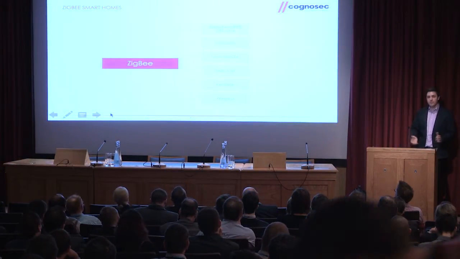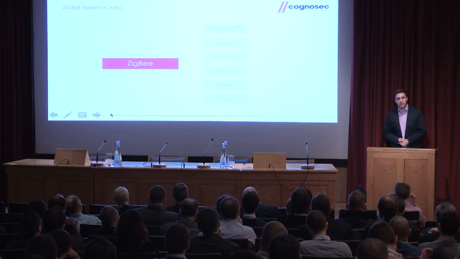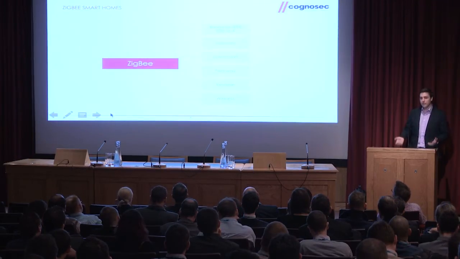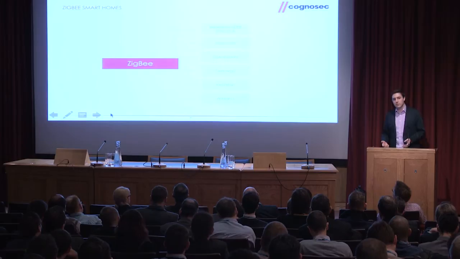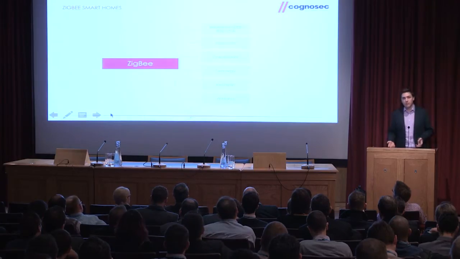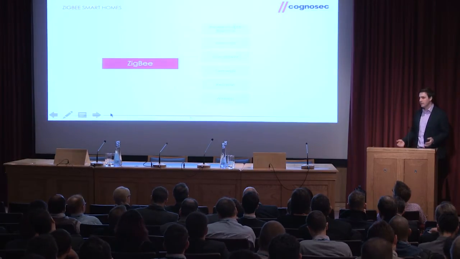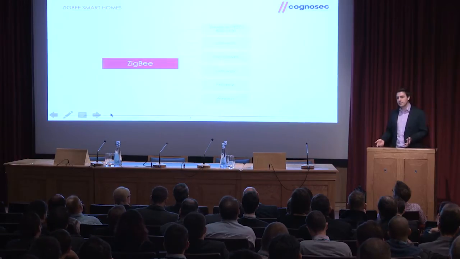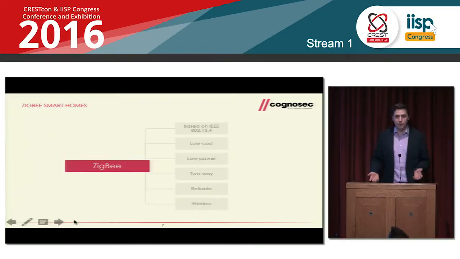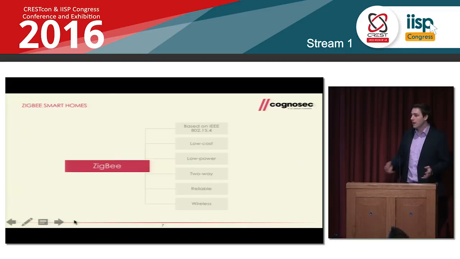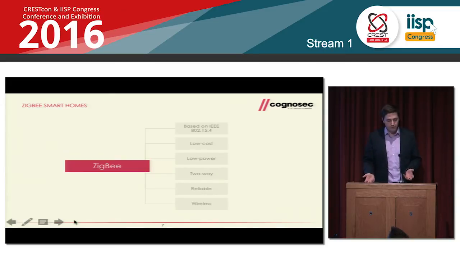So what is ZigBee? ZigBee is a wireless standard designed for low-cost, low-power devices. Traditionally, it was used in wireless sensor networks, but now as the IoT is getting more and more out there, it's used for smart homes and industrial control systems. There are a lot of application domains for ZigBee.